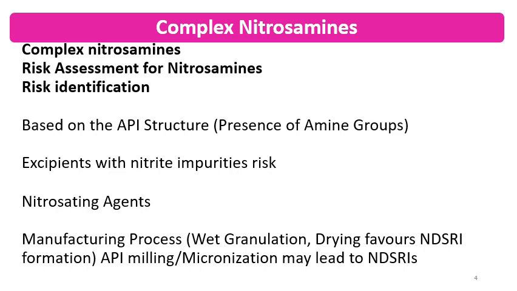So the first step in the complex nitrosamines is to have a complete risk assessment for complex nitrosamine or NDSRI formation based on the API structure, that is the presence of an amine group, then the presence of excipients in the formulation which may be contaminated with nitrite or nitrate impurities.